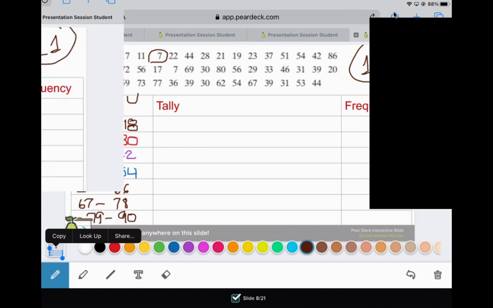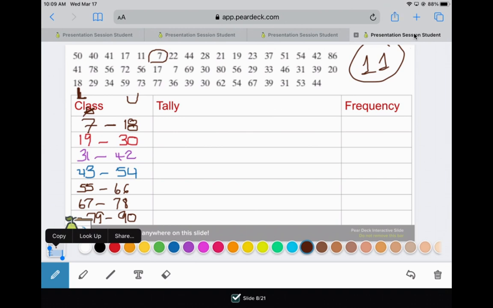Okay. The next one that we're going to do is the tally. This is when we go back and look at the list that's given to us. I'm going to start with the first number, 50. This is the first class, which is number 1.